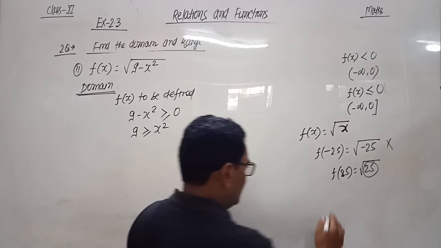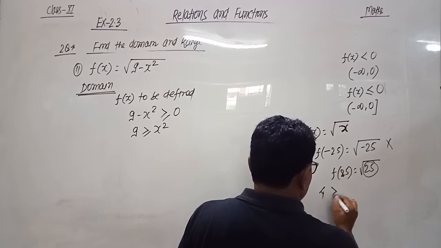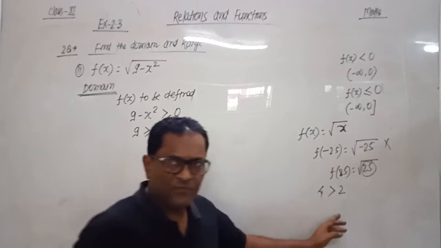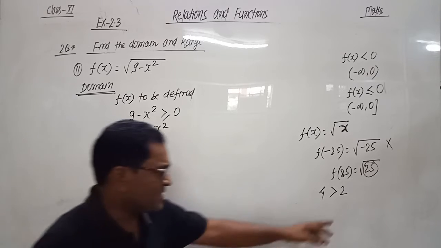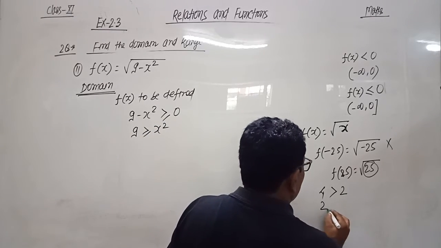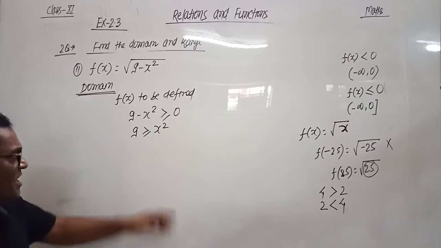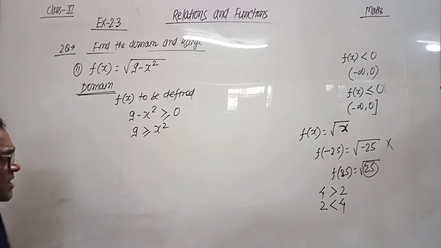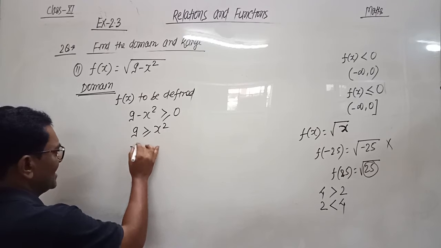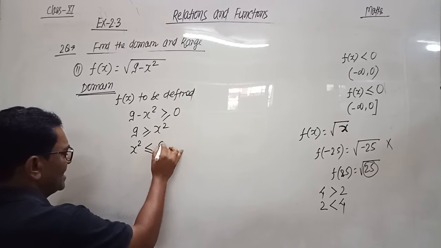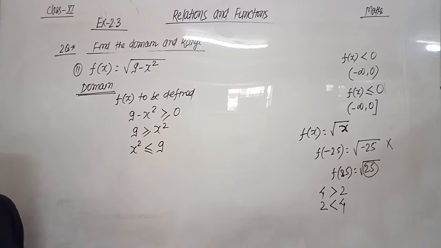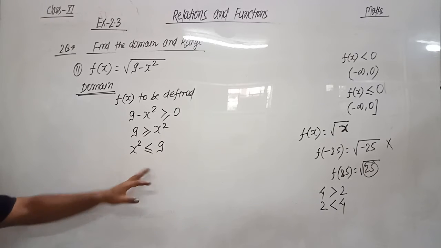And if 4 is greater than 2, then in reverse order we can also say that 2 is less than 4. So if 9 is greater than or equal to x square, then x square is less than or equal to 9.